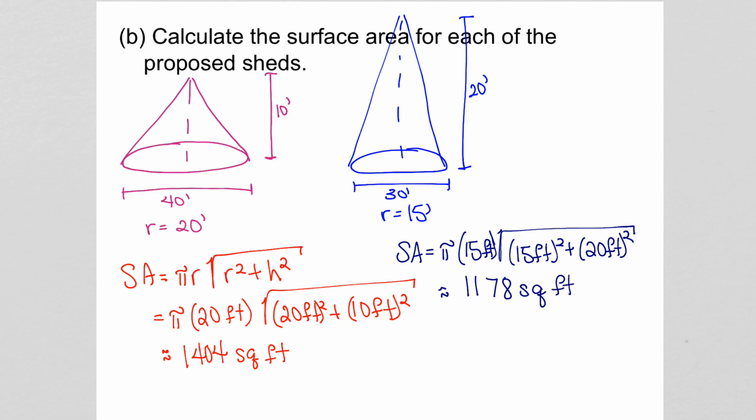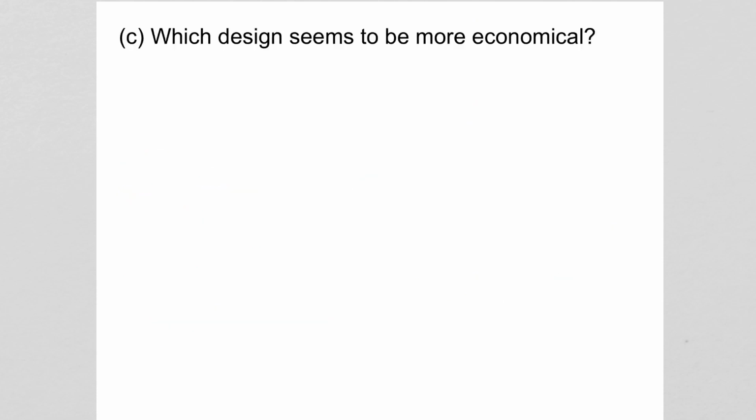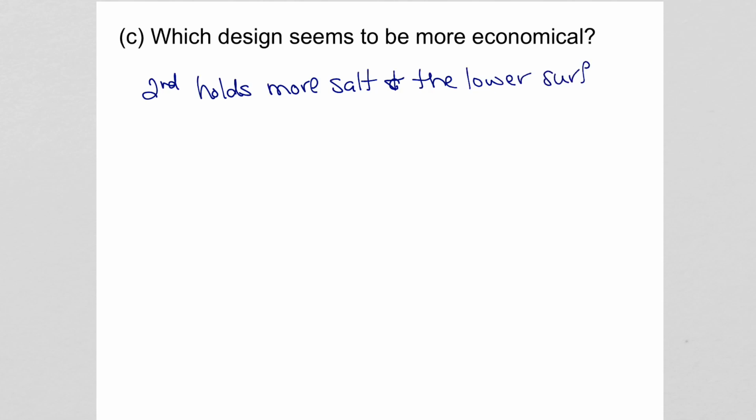So it looks like the second one will hold more and its surface area is less, so that means it should cost less to build. And that's what C asks us, which design seems to be more economical. So we'll say the second holds more salt and the lower surface area implies that it's cheaper to build.